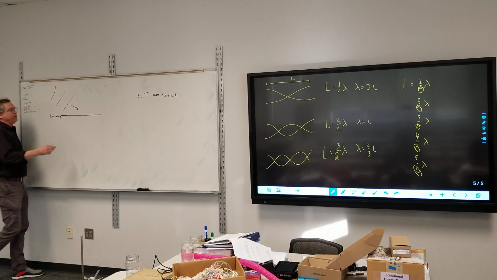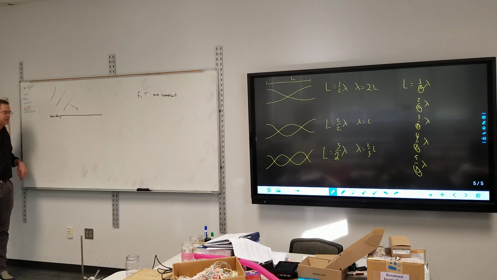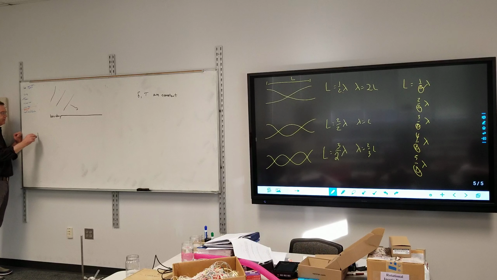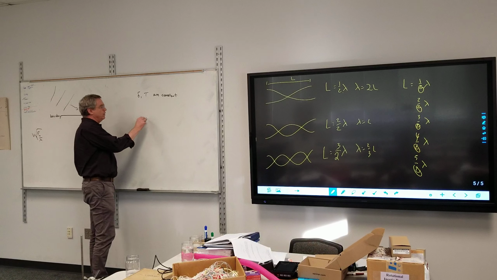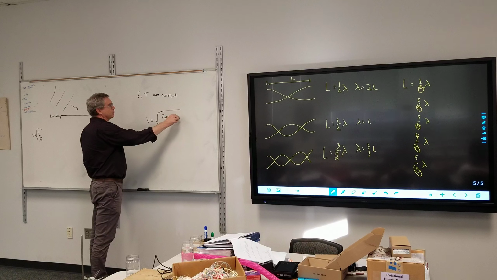And as it hits the new boundary, it's not necessarily going to be traveling the same speed as it did before. We've seen it with the case of a line that the speed is equal to the tension divided by the linear density. As a general rule, the speed of a wave is equal to some force term divided by some inertial term.